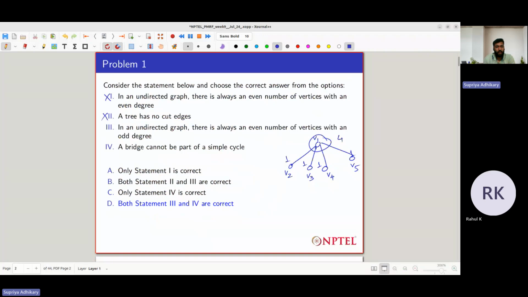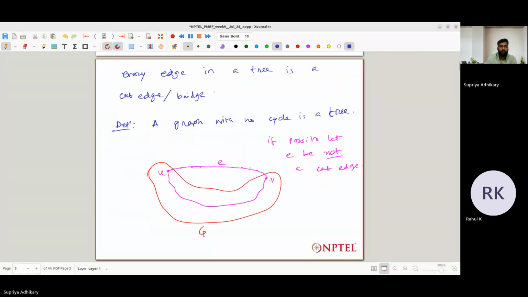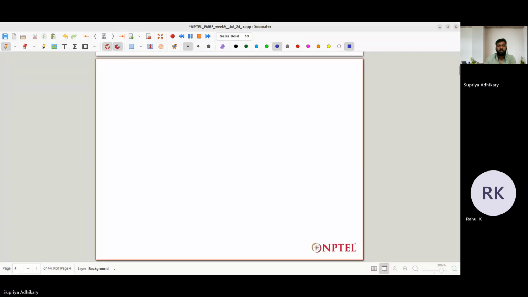Now the third statement is that in an undirected graph, there is always an even number of vertices with an odd degree. So let us consider any graph G, which has a vertex set and an edge set. We definitely know that 2 multiplied by the cardinality of E is equal to the sum of the degrees of all V belonging to the vertex set.